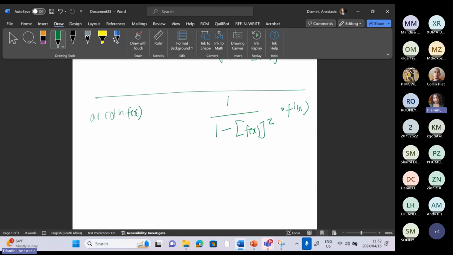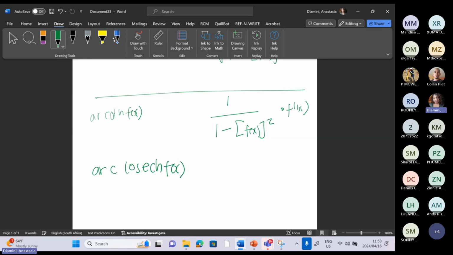Thank you. Now on the same table, the inverse of the hyperbolic function of cosec, let's call it arc cosec. I hope they call it like that.